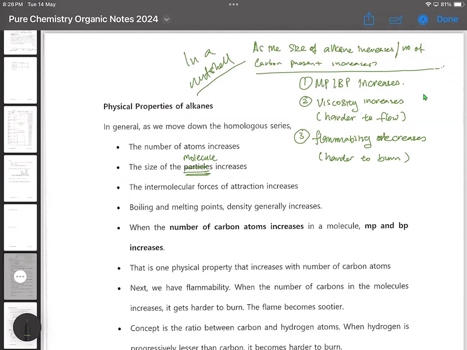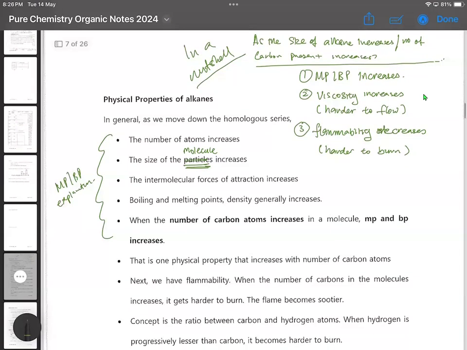Okay, so this is for the MP/BP explanation. For the other two, we don't really need. Let's see, what do you mean by every point? Every point in which context?